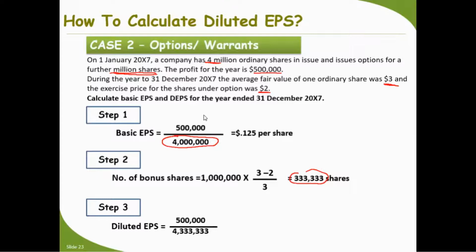So your diluted EPS is $0.115, which is lower than your basic EPS. Again, it is concluded that your diluted EPS will always be lower than your basic EPS.